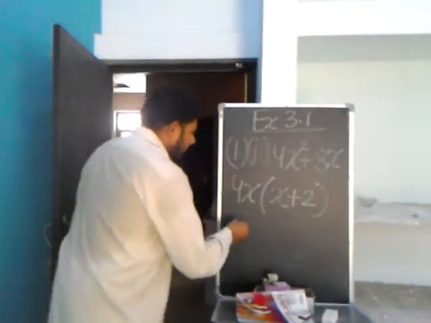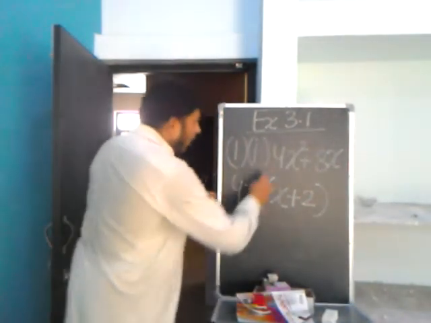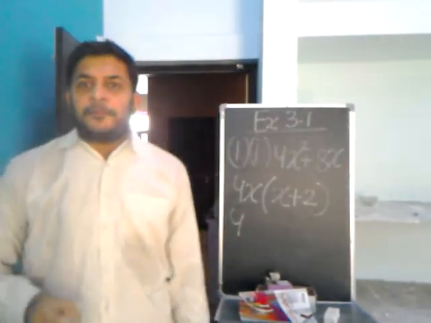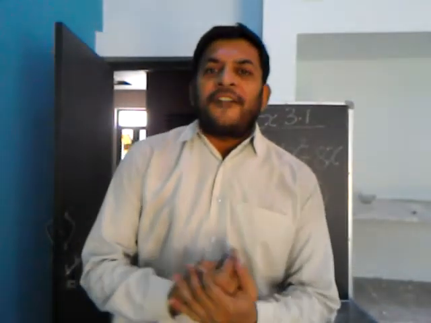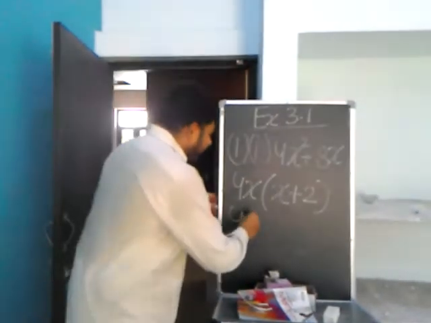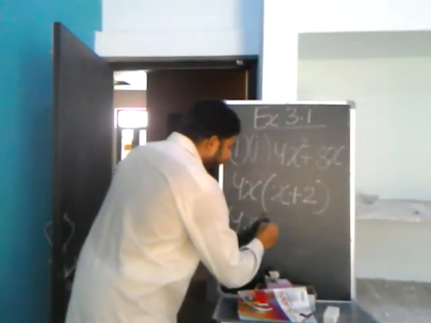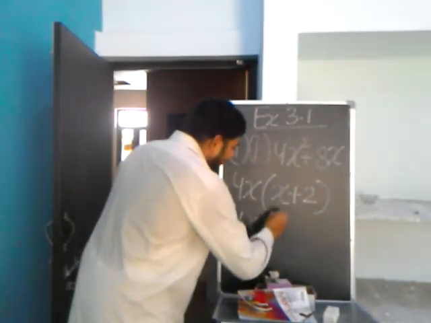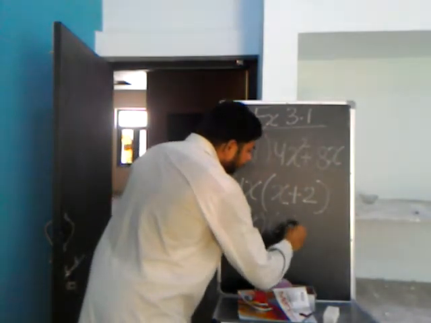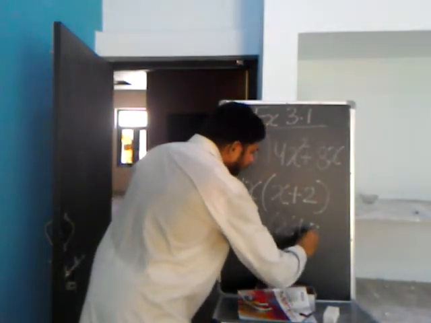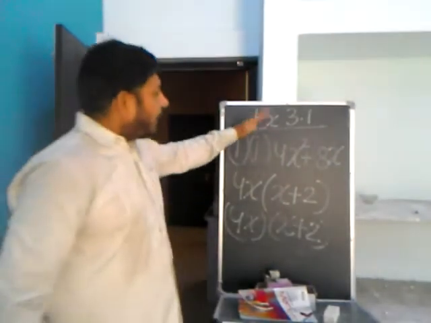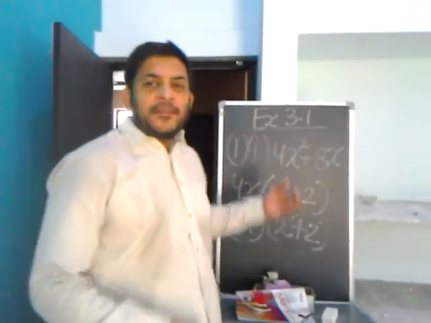Now the polynomial 4x square plus 8x has two factors. One is 4x and the second is x plus 2. Before I wipe it out, let me explain it again.